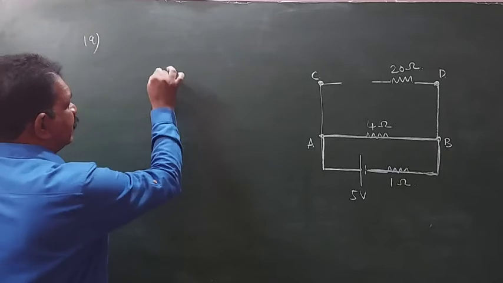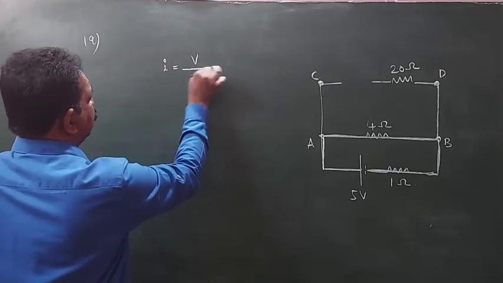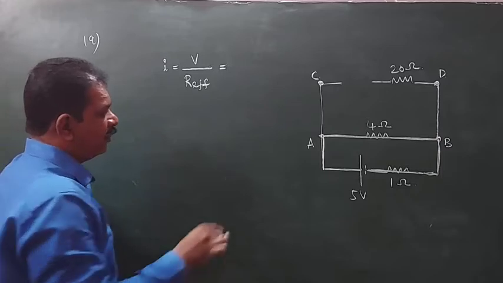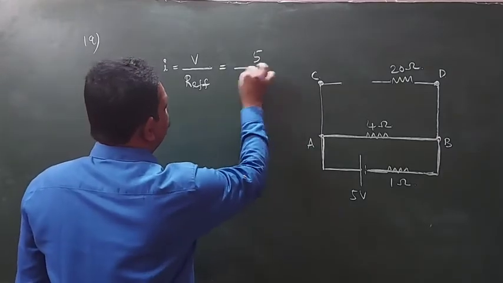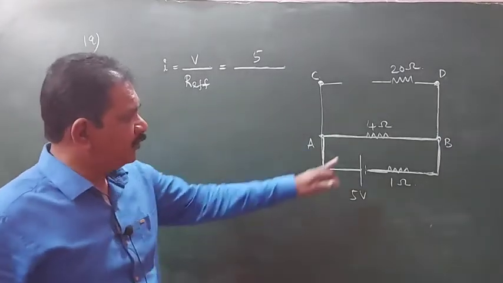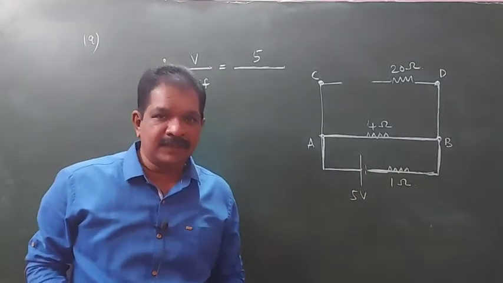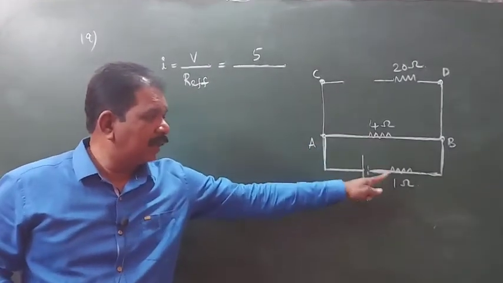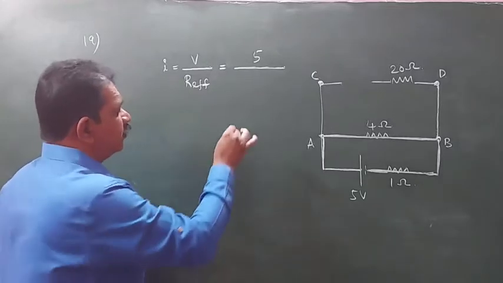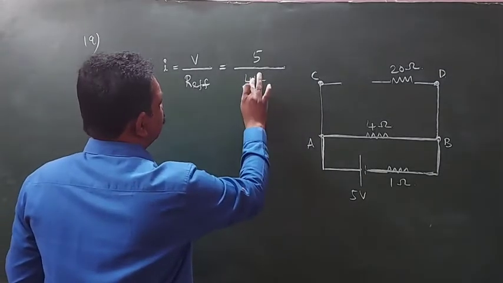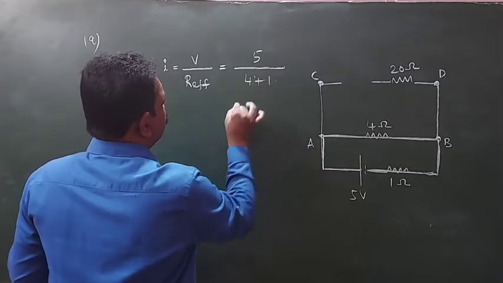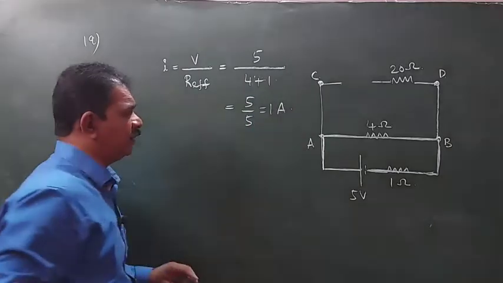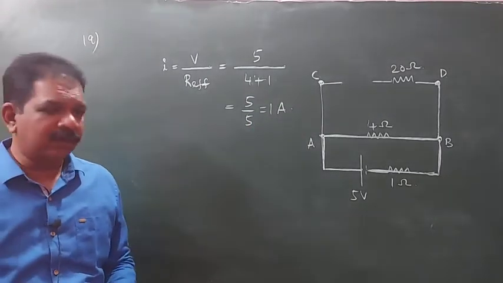Then, what is the current? I is equal to V by R effective. V value will be 5. These two will be in series. In series, effective resistance will be R1 plus R2. So 4 plus 1. So 5 by 5, current in the circuit will be 1 ampere.